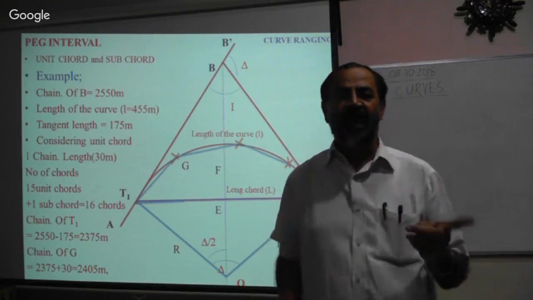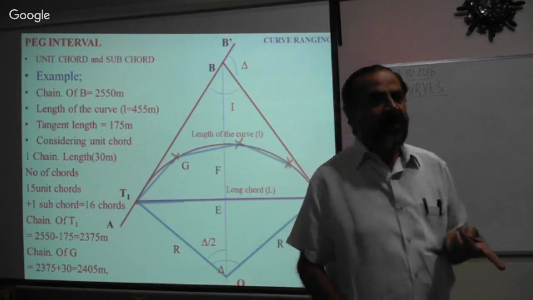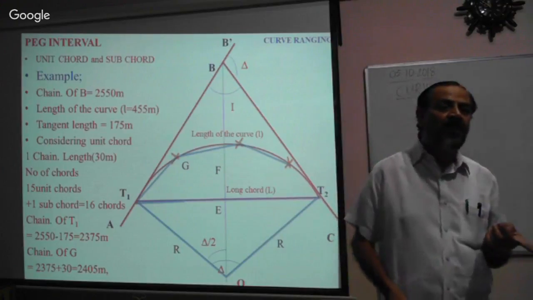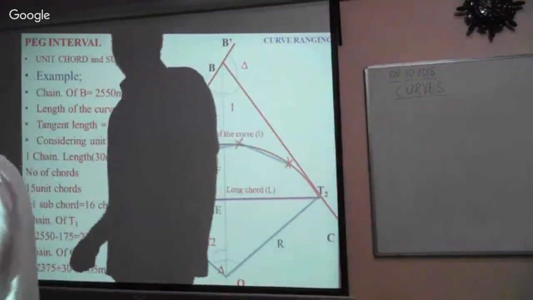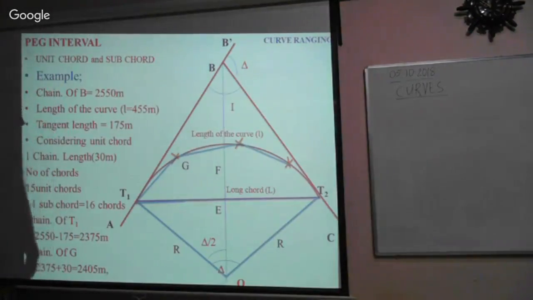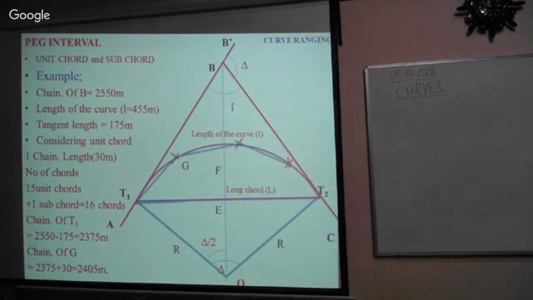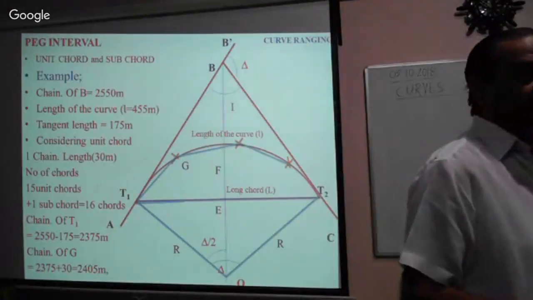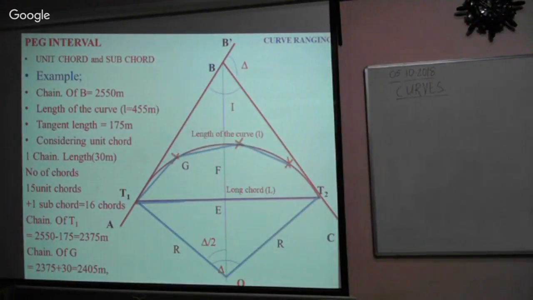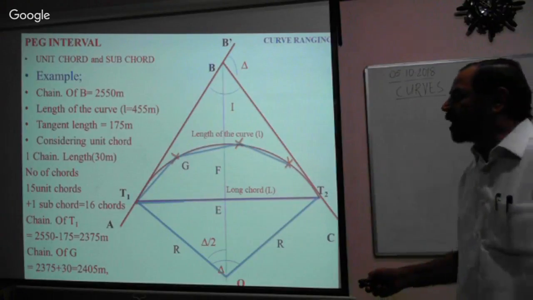What is the length of the sub chord now? It is 35 meters. Before, there were 16 chords: 15 multiplied by 30 is 450 meters plus a 5 meter sub chord.